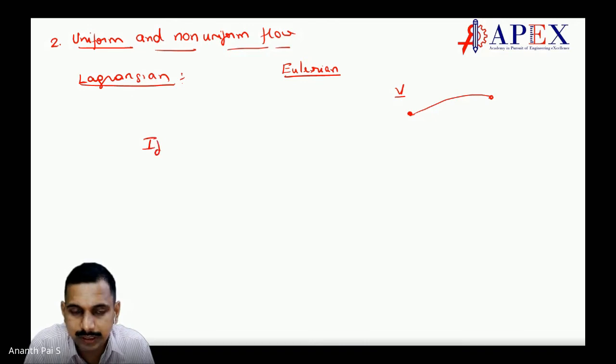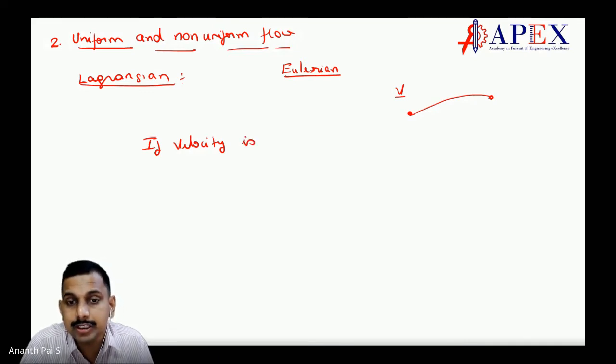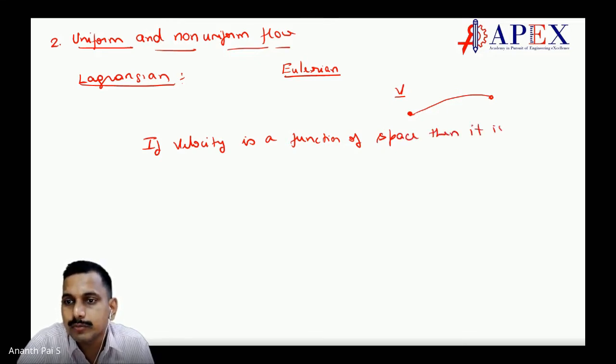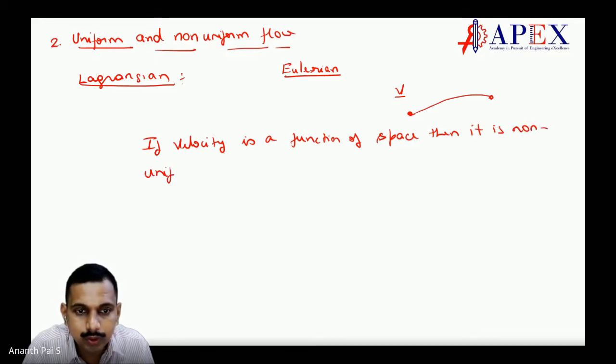If velocity is a function of space, then it is non-uniform flow.